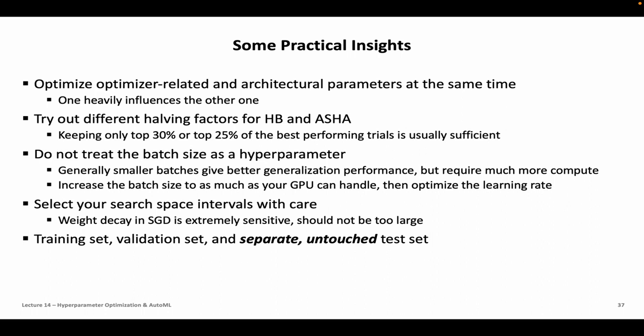And finally, you also then again need a completely untouched test data set where you take the best hyperparameter configuration that you found from the validation set and then test it on the test set. And the test set score is the model score that you want to report for your model. This is the final score your model gets.